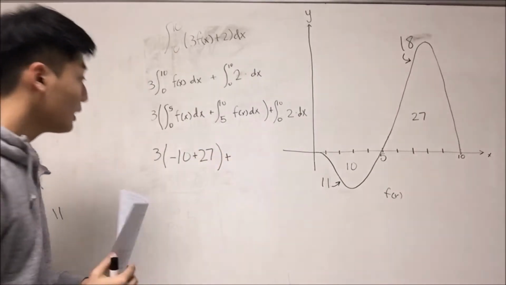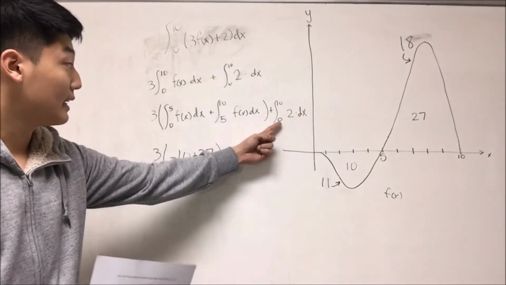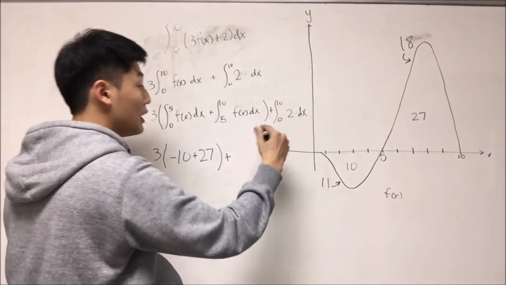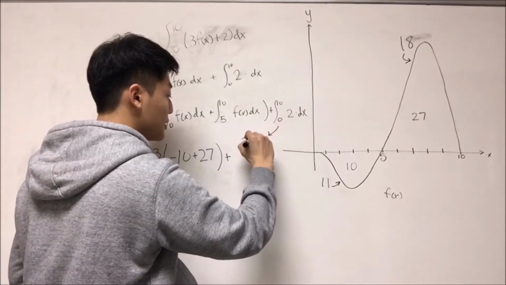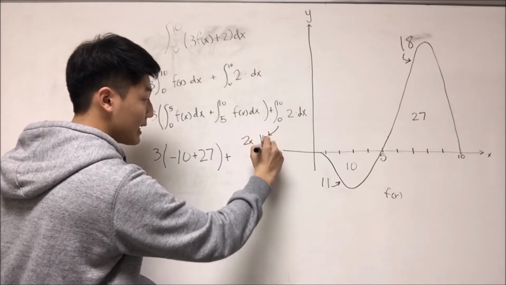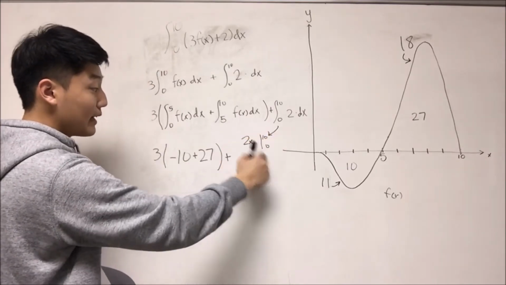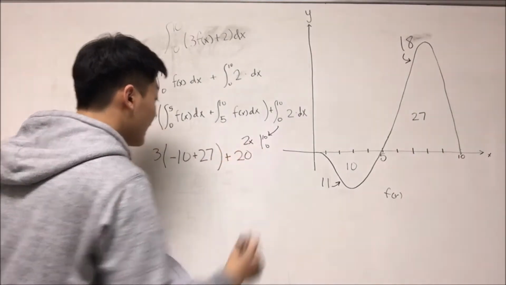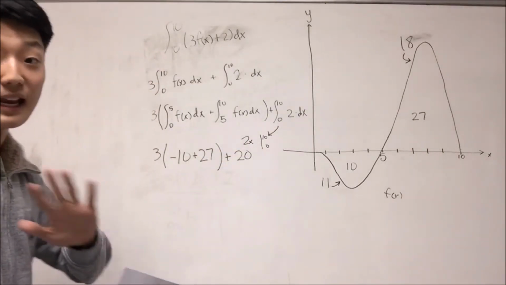Plus, this one is easy because when we integrate 2, it becomes 2x. When we evaluate, multiply 10 and 0, it will become 20 minus 0, which is 20. Then let's just calculate this and everything is done.